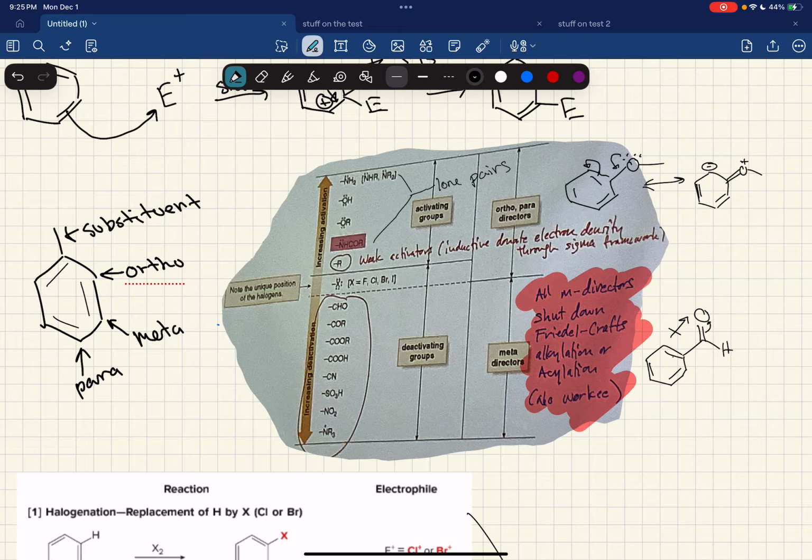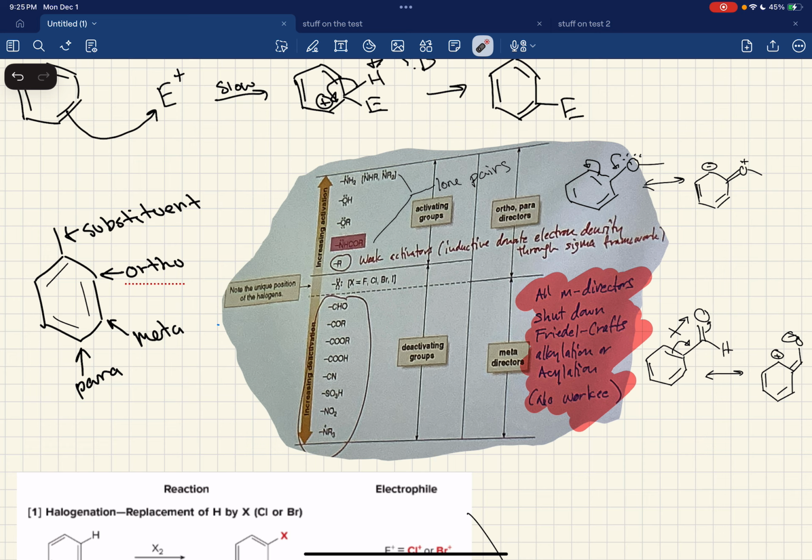And when you do the resonance structure, you're going to have something that looks like this. There's a positive charge on a nucleophile, which is really bad. So it's going to force the reaction away from this position, and basically, due to it not working right here, it has to happen here.